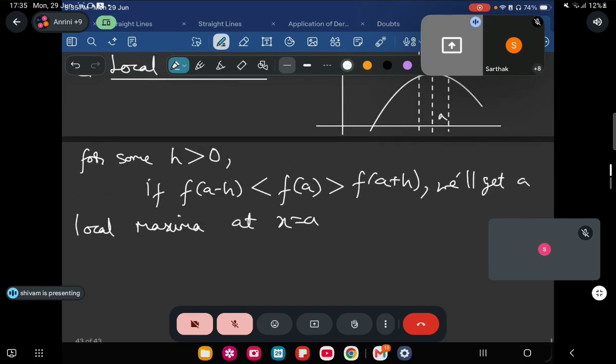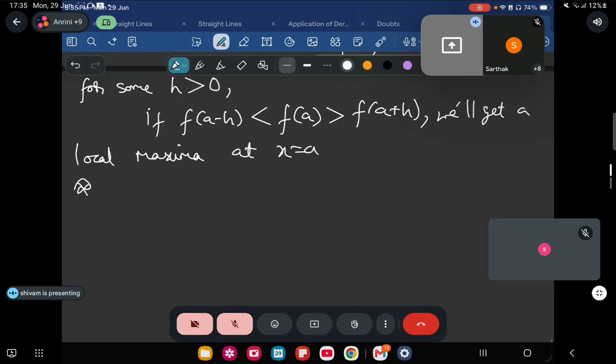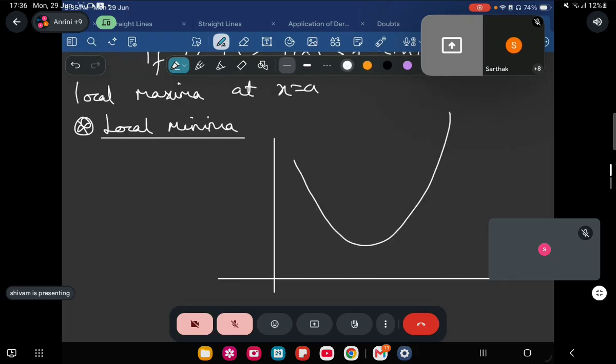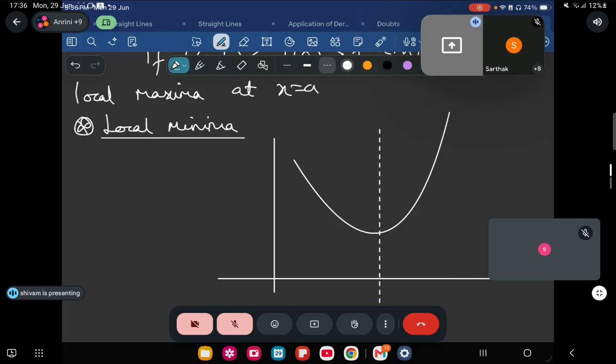Okay, next. Similarly, we can define local minima as well. At local minima, what will happen? The inequality will reverse.